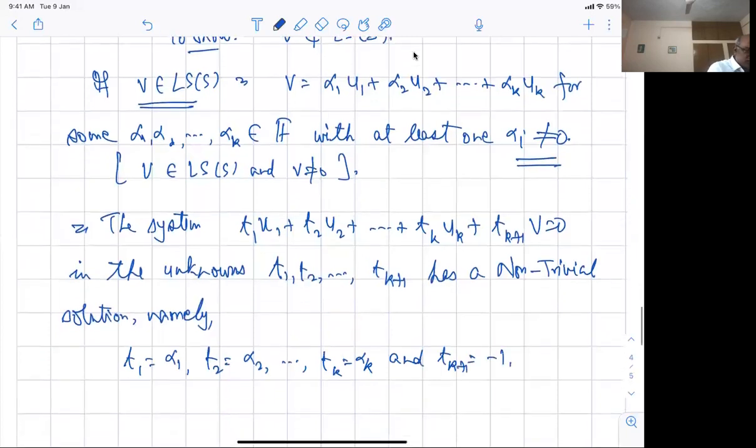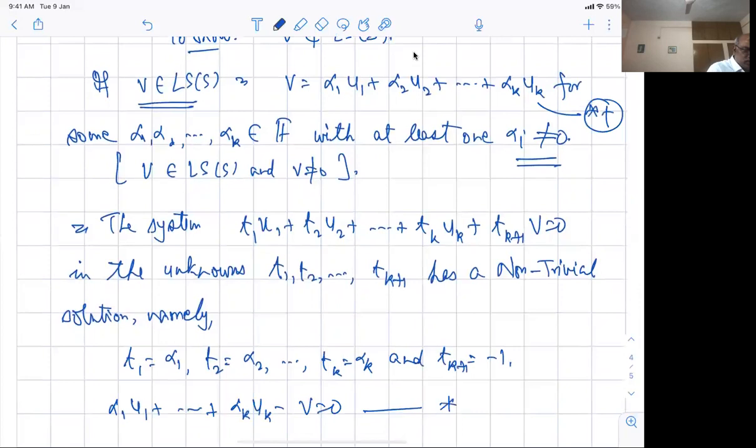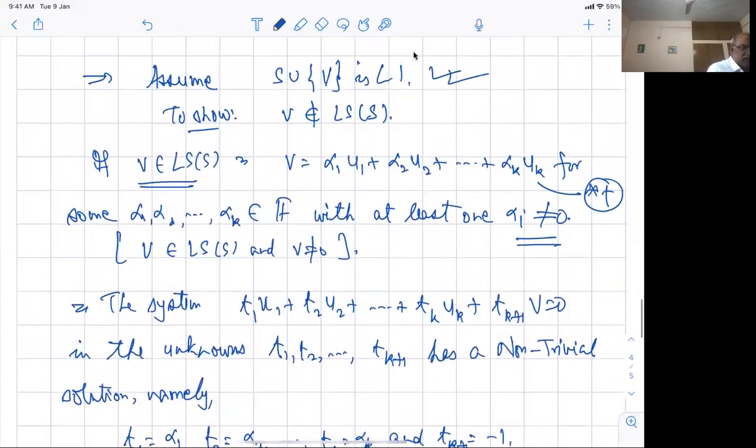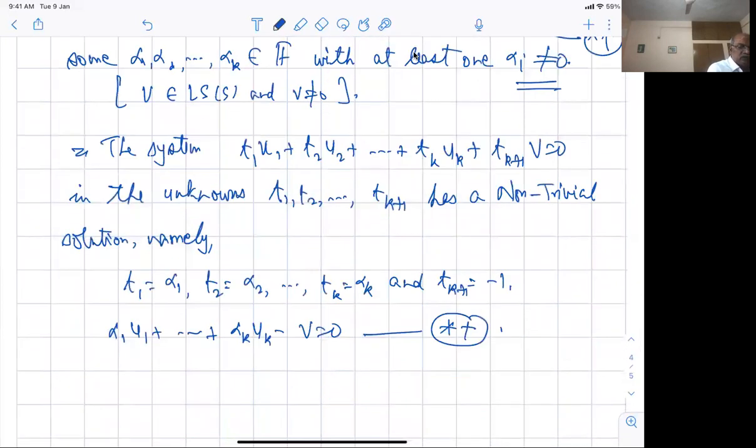Isn't it? That gives alpha 1 u1 plus and so on till alpha k uk minus v is the zero vector. This is what is happening from here. So therefore we get a contradiction of the assumption that this was linearly independent. I have a non-trivial solution here, which is a contradiction.